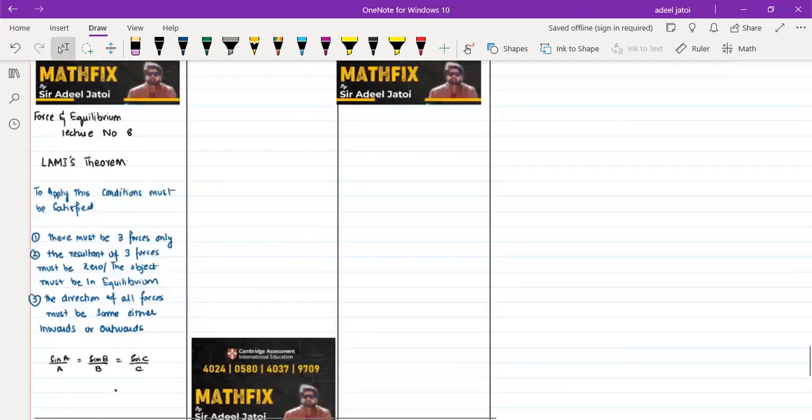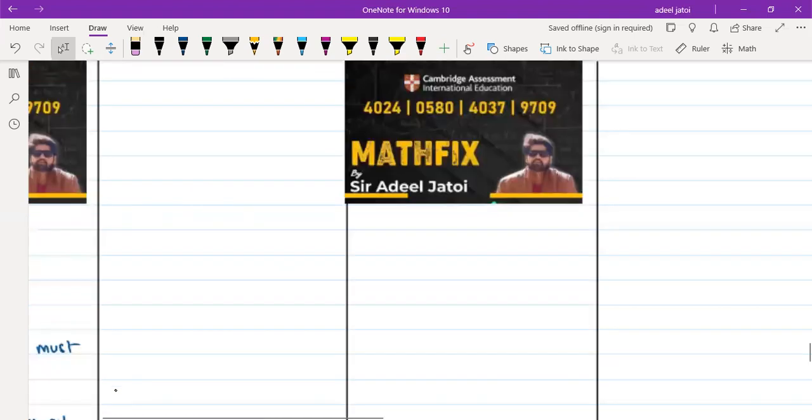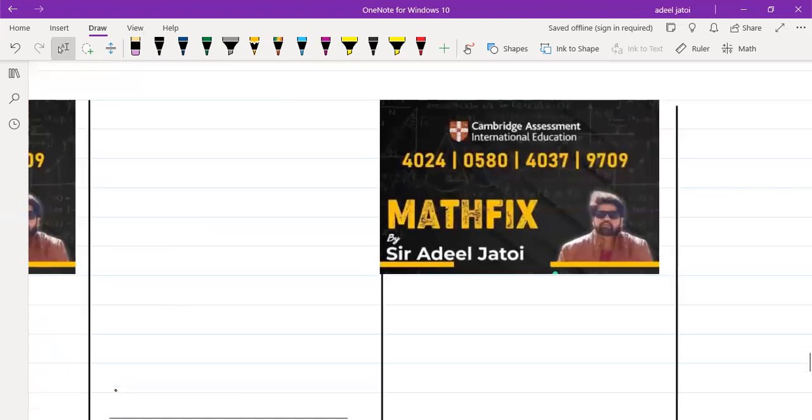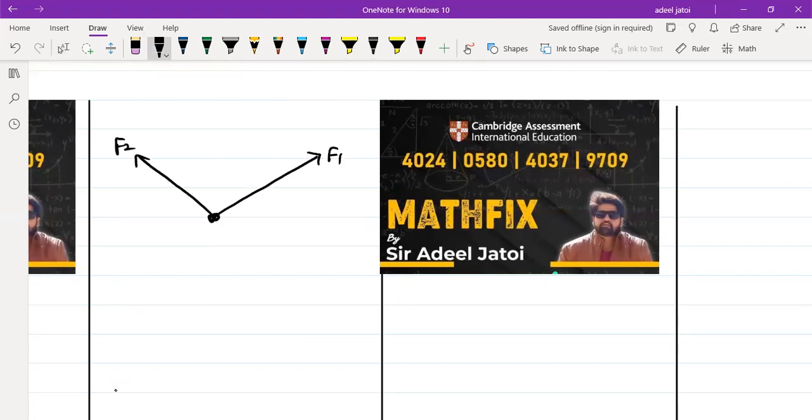So let's just work on the current example. Let's say there's a point, and the point has force 1, force 2, and force 3.